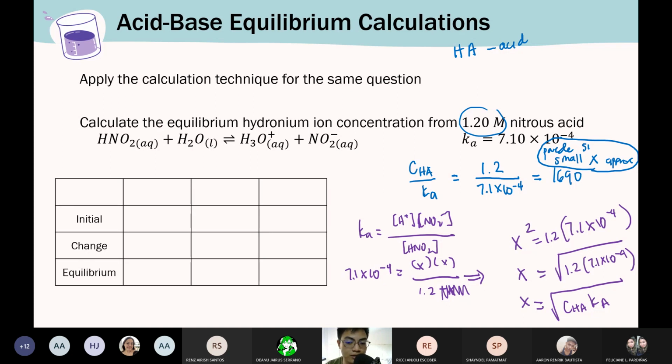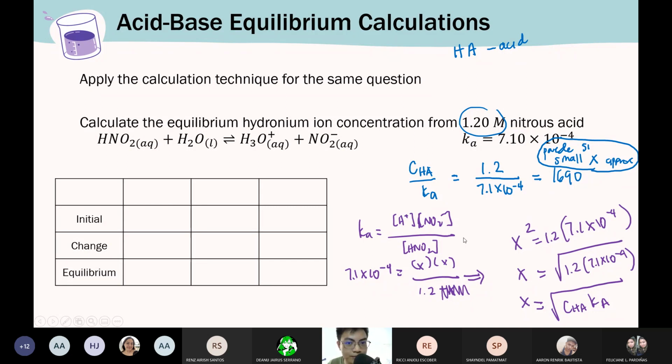And then you will have your x. Okay? So, yan. This will not work if the ratio of the acid and the Ka is less than 1,000. So, hindi siya gagana. So, kailangan i-check mo muna ito divided by ito. Okay?